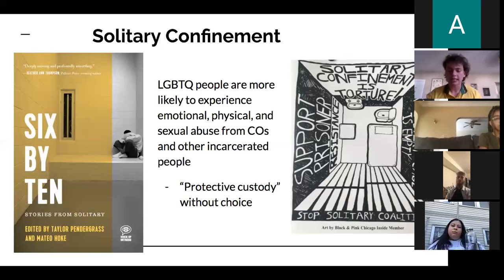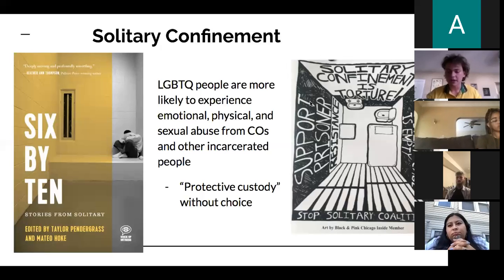One of the essays in this book is written by a Latina trans woman who was incarcerated in several men's prisons in Texas and was put in solitary for almost a year, again, for her own protection, which was a decision that she had no say in. So I would definitely recommend reading this book if you're interested in learning more about the effects of solitary confinement.